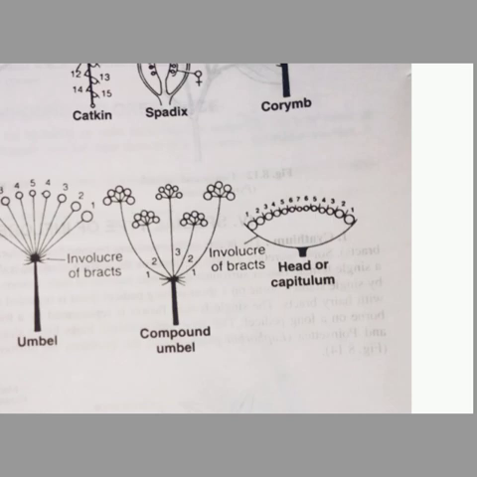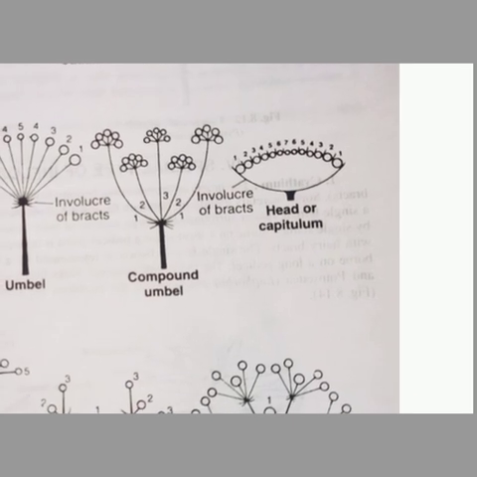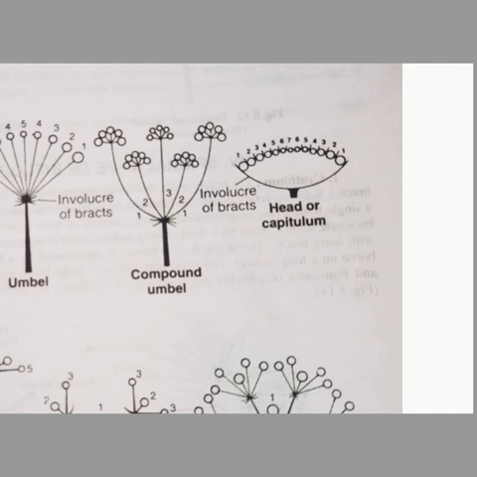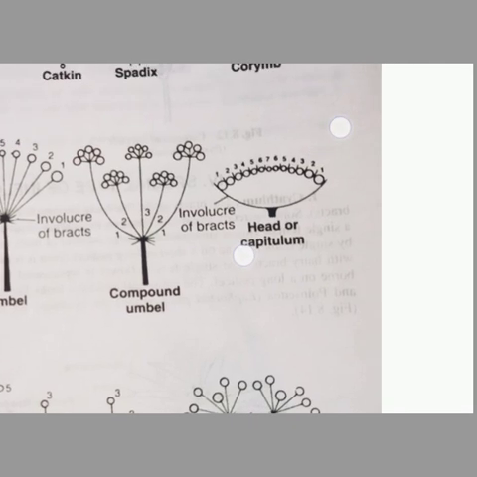And this is the compound umbel and this is the simple umbel. In case of the capitulum, you can observe that the peduncle is very much compressed and the flowers, just like here you will see that the first flower is larger than the middle flower. It means that it is acropetally arranged, but condensed.